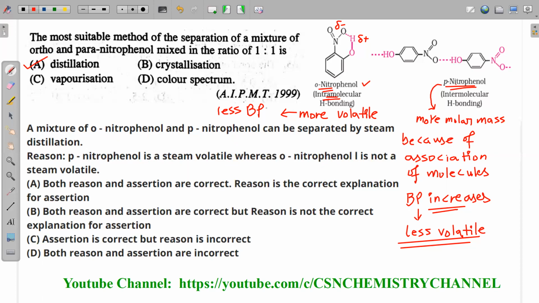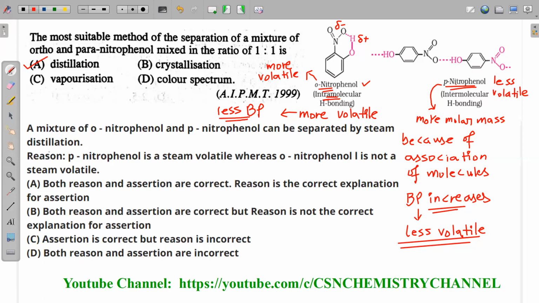Coming to this compound once again, orthonitrophenol. When it has a lower boiling point, it is more volatile. Orthonitrophenol is more volatile, whereas para-nitrophenol is less volatile.